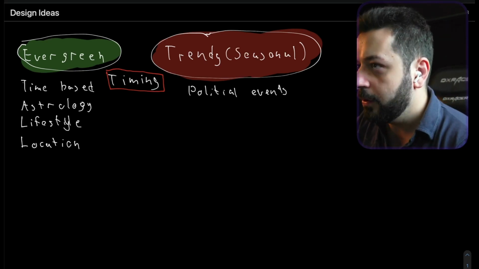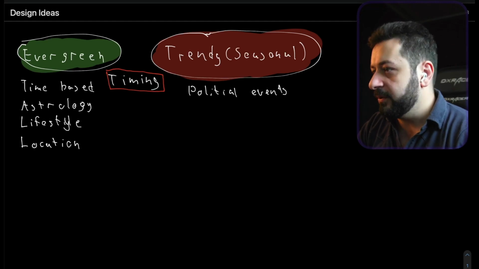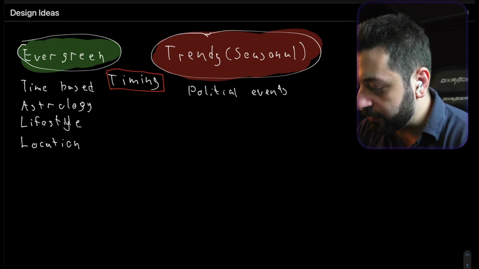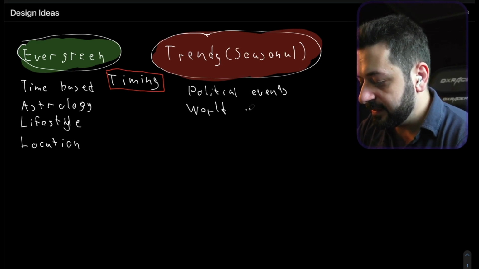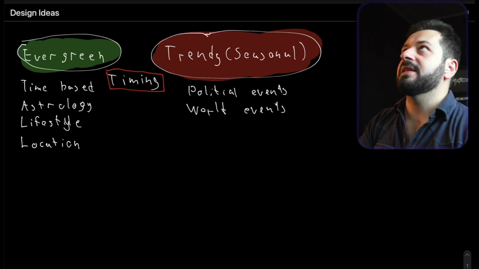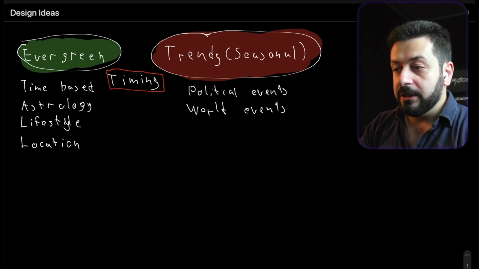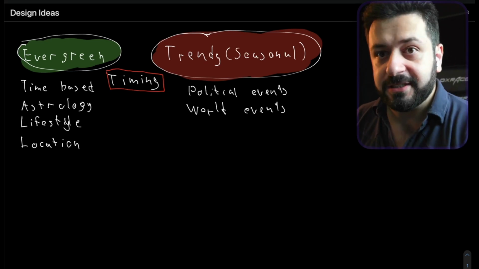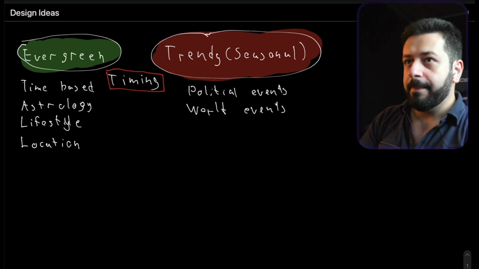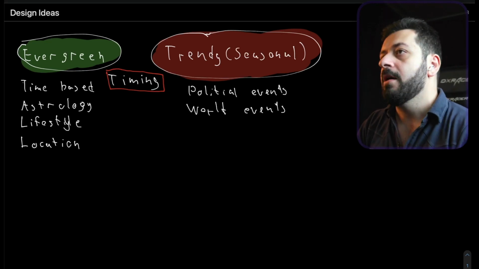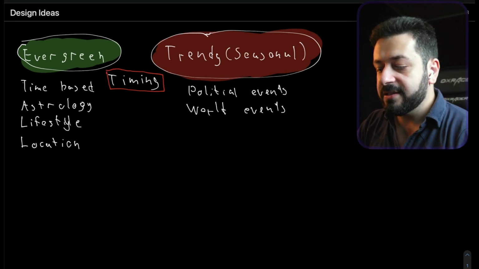You can also look not just for political events, but regular world events. Maybe there is a comet coming to Earth, maybe a solar eclipse. These can be astronomical events that happen once in a lifetime. Maybe you can monetize those as designs.